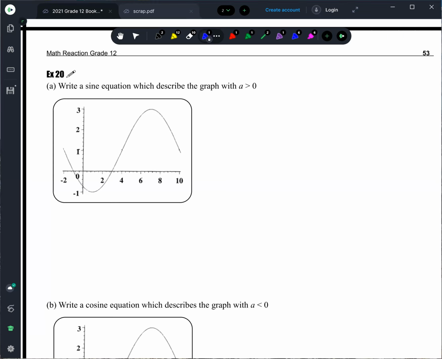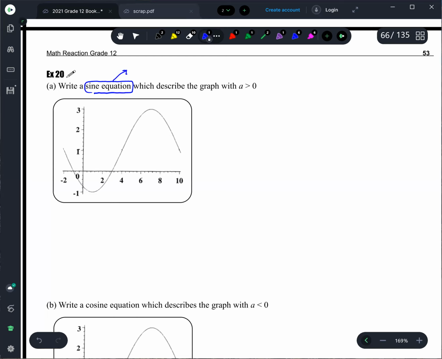So as you can see, you don't have the equation. You have a graph. So if you look at the instruction here, write a sine equation. So this means we are looking for y equals a sine, because it wants a sine, and then b x minus c plus d.